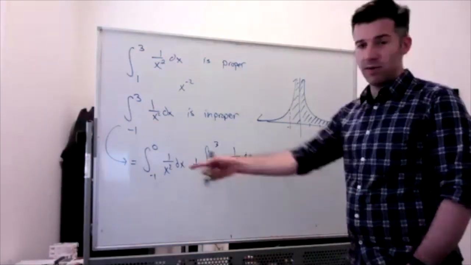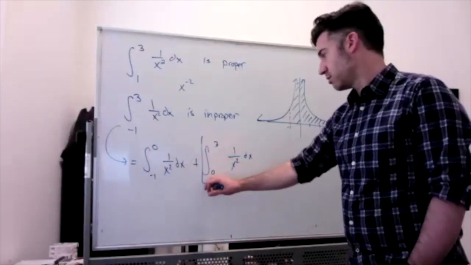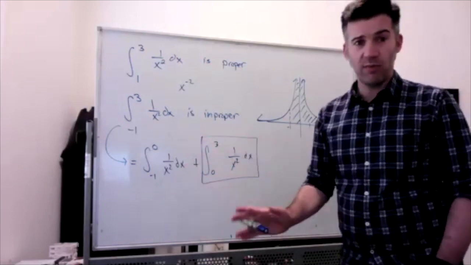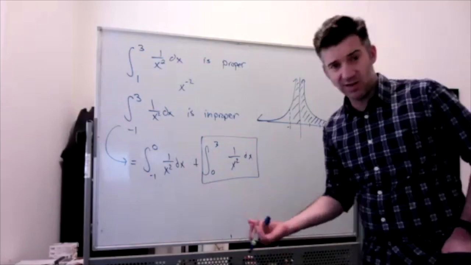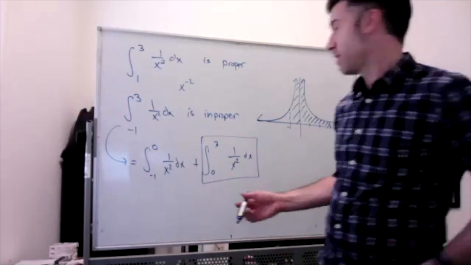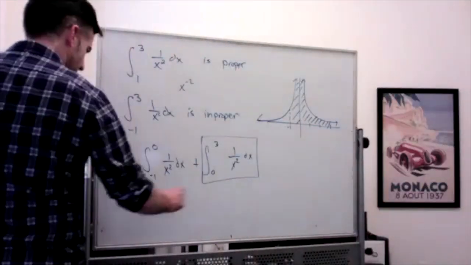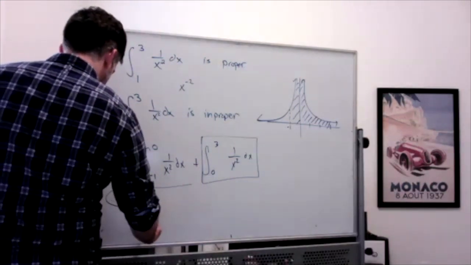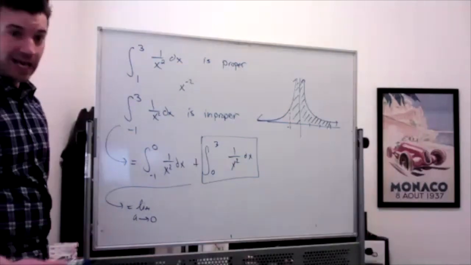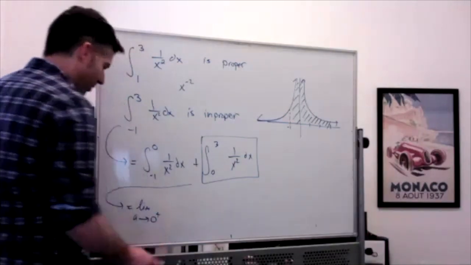And now let's deal with one of these pieces. I'm only going to start with one piece because I'm pretty confident it's going to diverge. Even if you think it converges, it still doesn't hurt to do it one piece at a time. So this piece here is going to equal the limit as a approaches 0 from the right-hand side. Why the right-hand side?